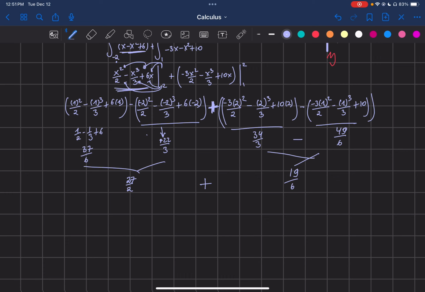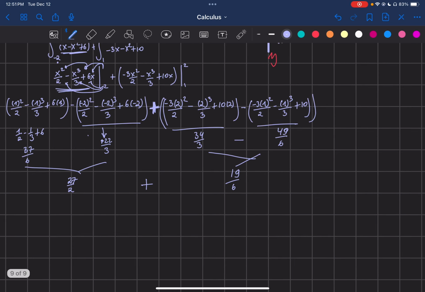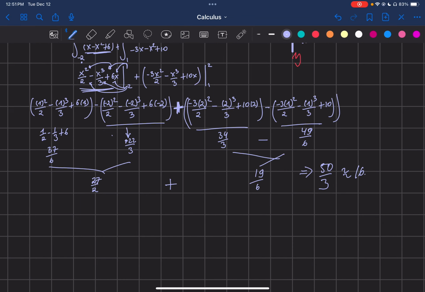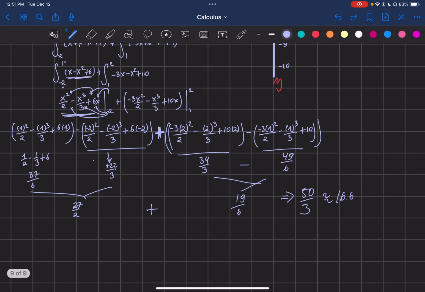That gives me, according to my calculator, 50 over 3, which is roughly 16.6666 and so on. So this should be the answer if our math is right. And I believe it is.